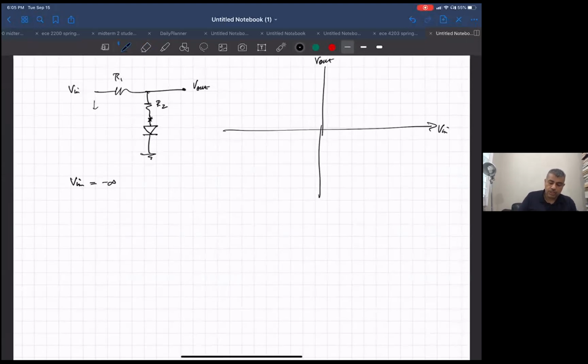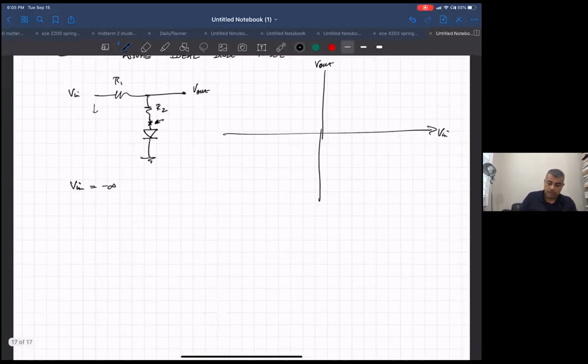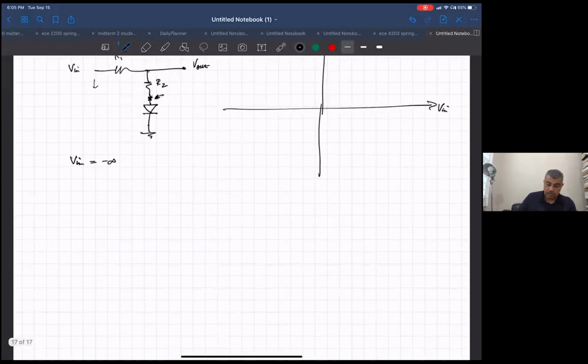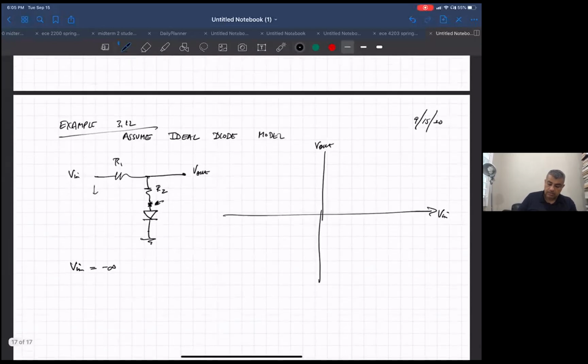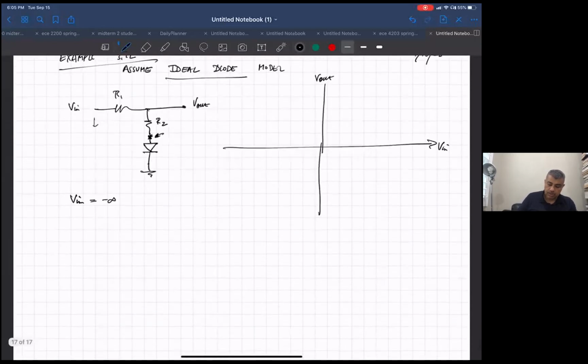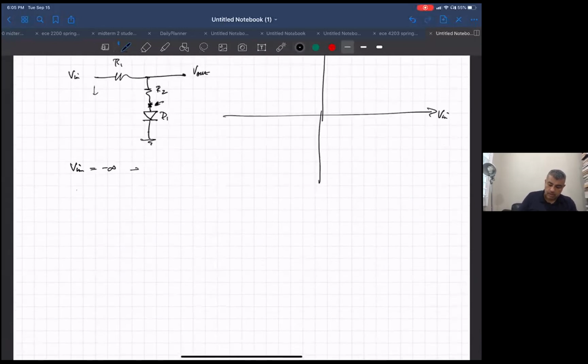So we're just forcing this point to be lower than ground. And we know if this is lower than ground, then in the case of an ideal diode, which is the assumption here, I'm going to call this D1, then D1 is off, meaning that I can redraw D1 in my circuit as an open switch.